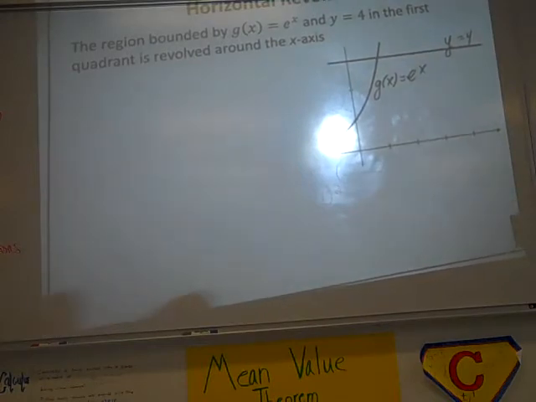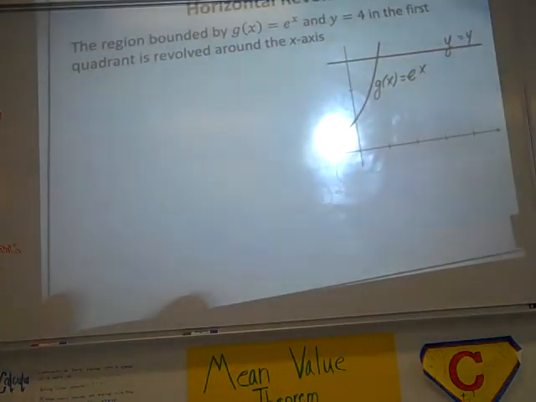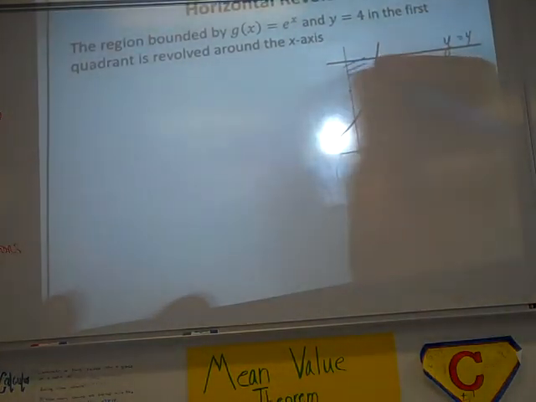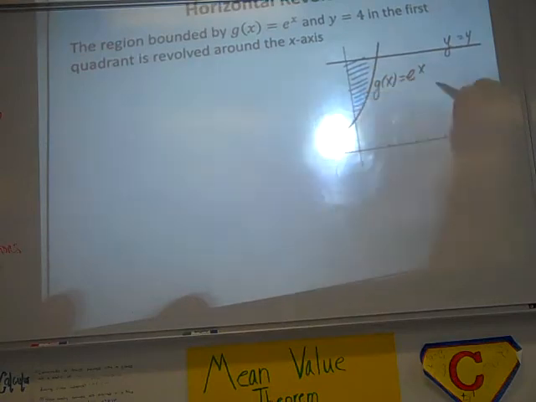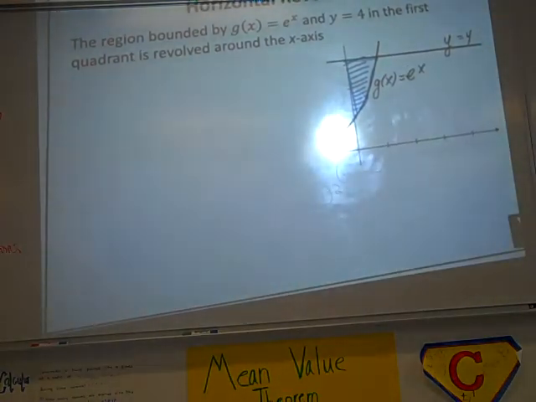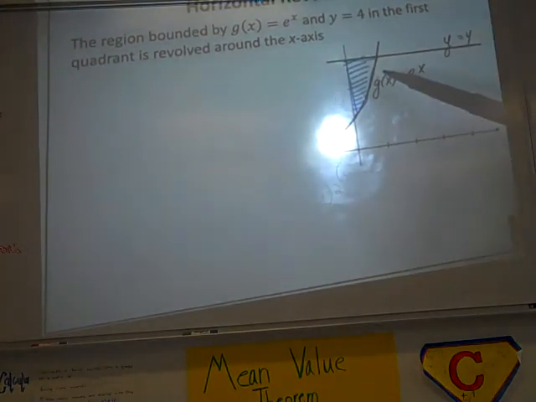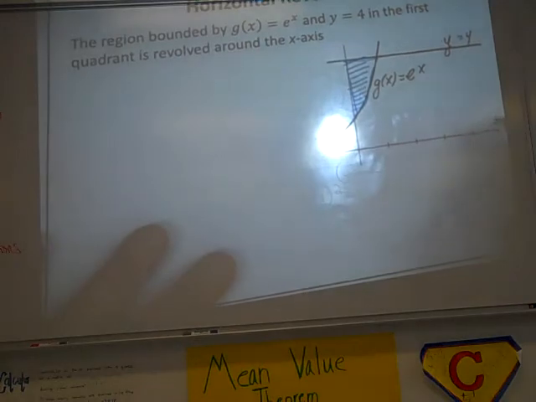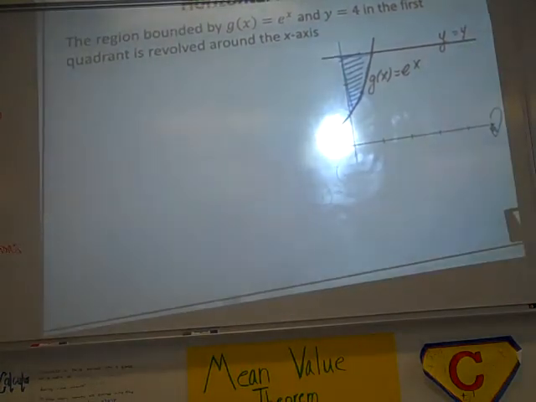I only see one space that is bounded by e to the x and y equals 4 in the first quadrant. That's this region over here. I don't necessarily know what name we want to give that, but this is the region, and we want to revolve it around the x-axis. Again, my little swirly there indicates we're revolving it around the x-axis.